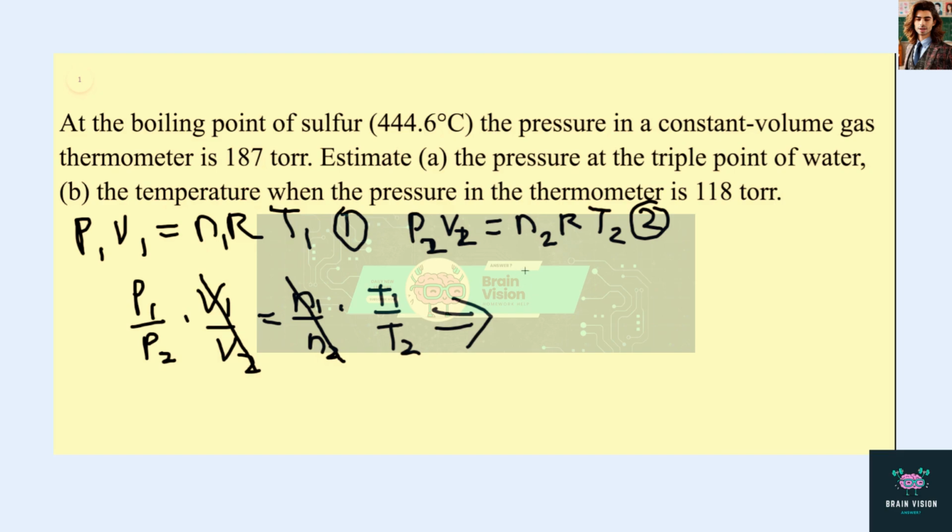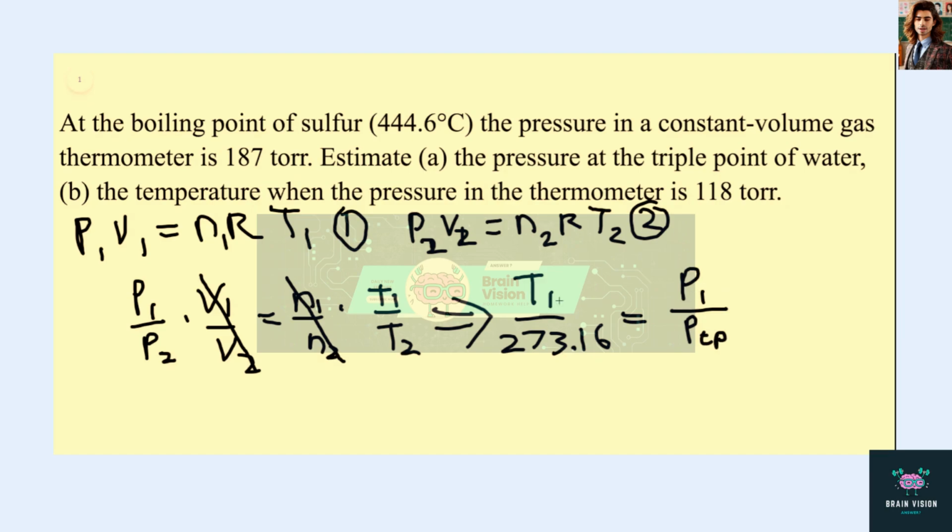We can calibrate all our thermometers to the triple point of water, which is given by 273.16. So we can say that T1 over the triple point of water, 273.16, is equal to the pressure P1 over the pressure at the triple point of water, PTP.